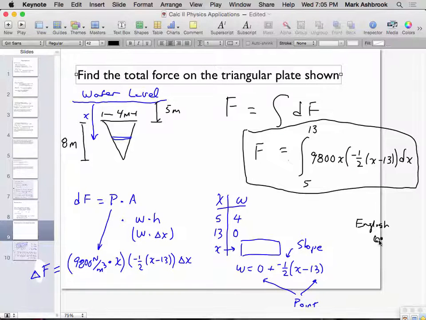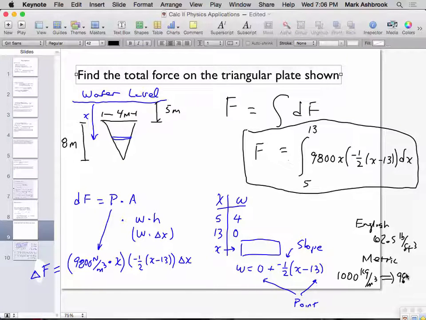English weight density is 62.5 pounds per foot cubed. In metric, mass density is 1,000 kilograms per meter cubed, but to get weight density you multiply that, kilograms, times 9.8 to get newtons.